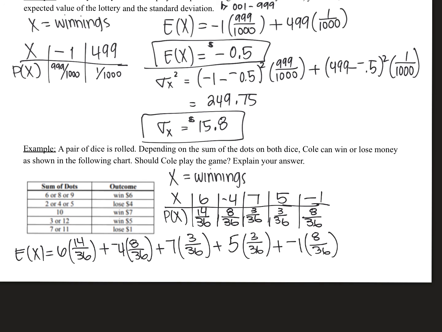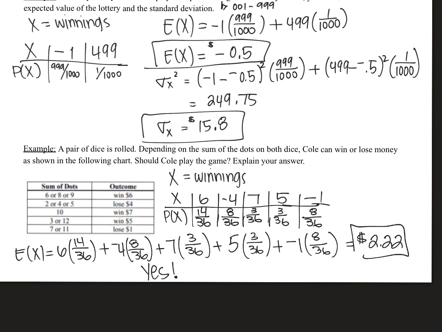So now it becomes plugging into your calculator. I'm going to be very careful here with the negatives. And we end up with an expected outcome of $2.22.